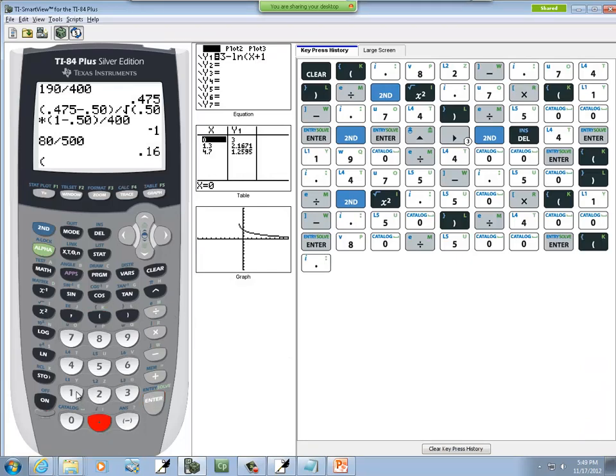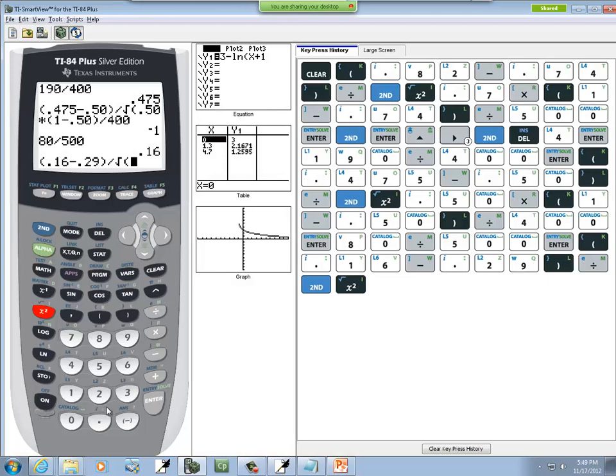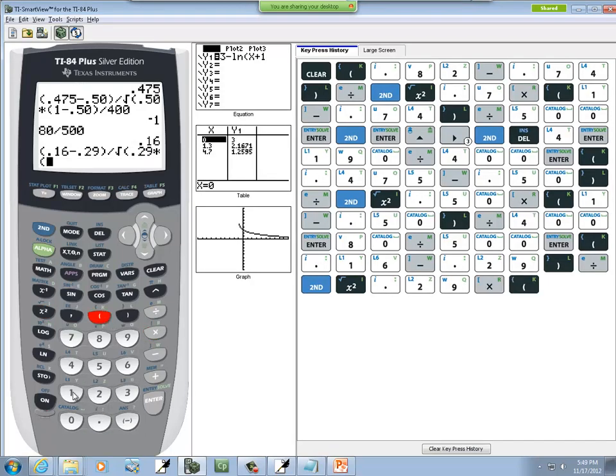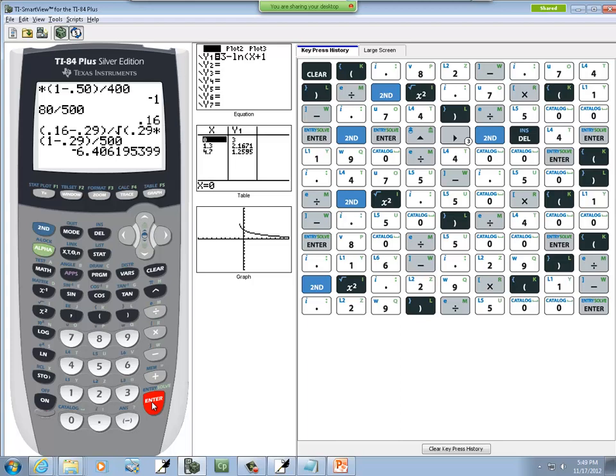Beginning parentheses 0.16 minus 0.29, closing parentheses, divided by second x squared for the square root, 0.29 times beginning parentheses 1 minus 0.29 closing parentheses divided by 500. Enter. And we get negative 6.41.